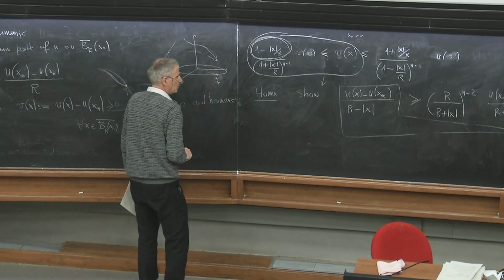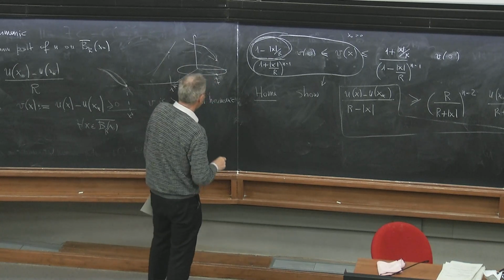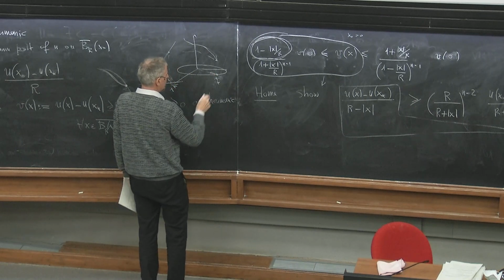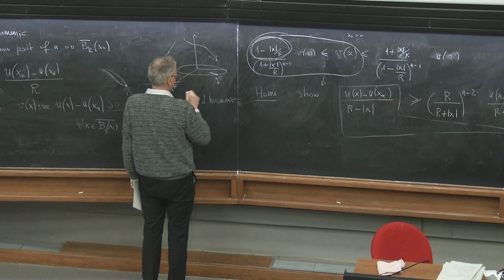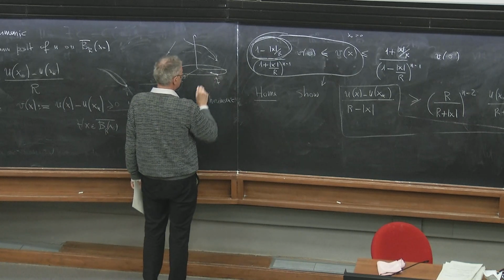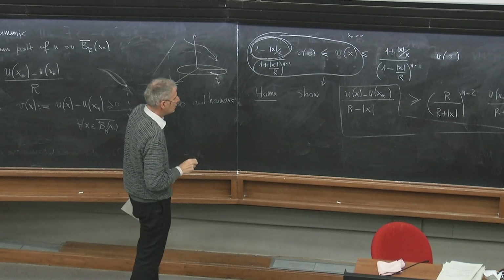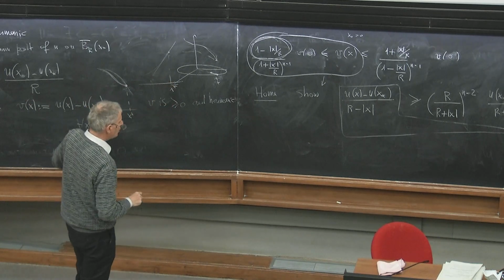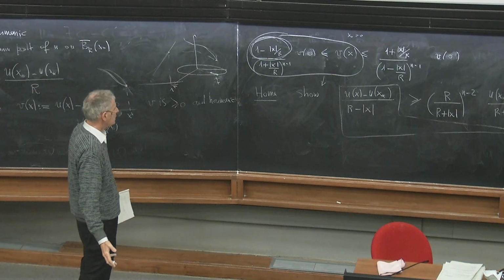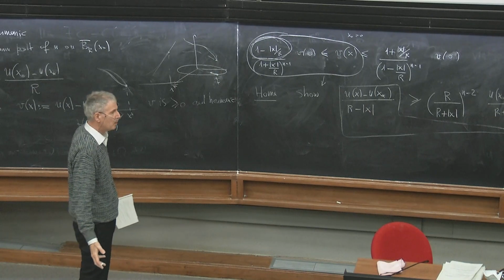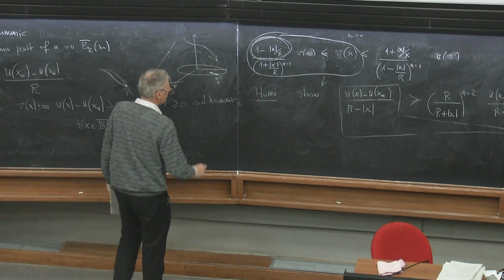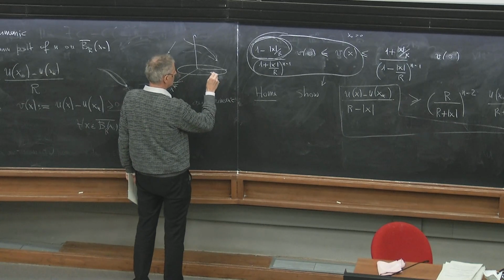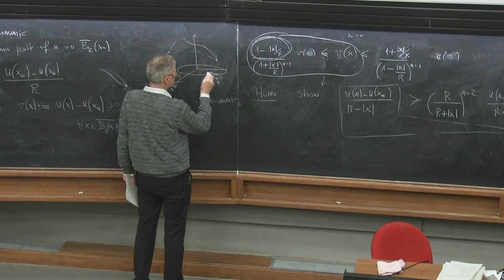We have bounded u of x minus u of x star divided by this. So this difference quotient in terms of some constant, which is exactly the constant that we want. And then what remains to do, in your opinion? So we have bound the difference u of x minus u of x star, divided by this.